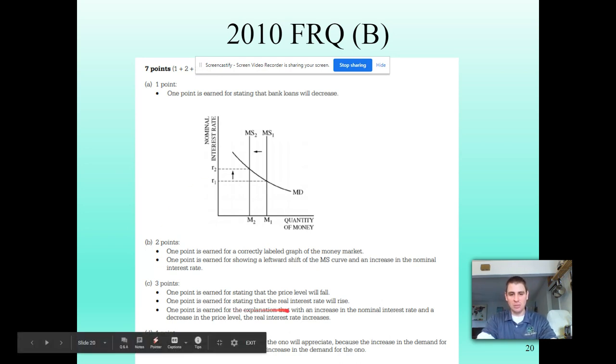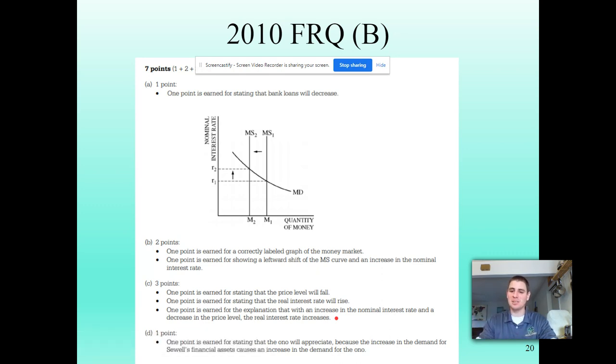1 point is earned for an explanation that with an increase in nominal interest rate and a decrease in price level, the real interest rate increases. Use that formula. Real interest rate equals nominal minus expected inflation. The nominal interest rate is the rate that the bank charges its customers. The real interest rate is determined by whether or not the bank wins or loses on its loan.